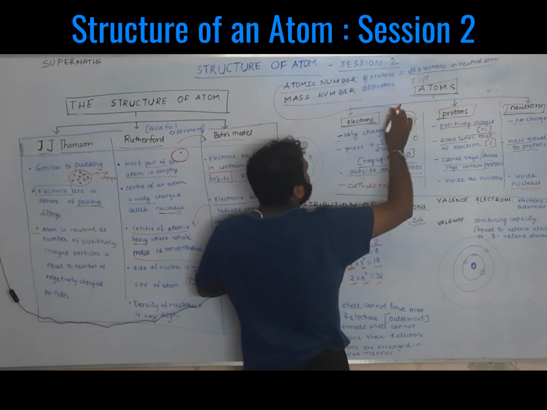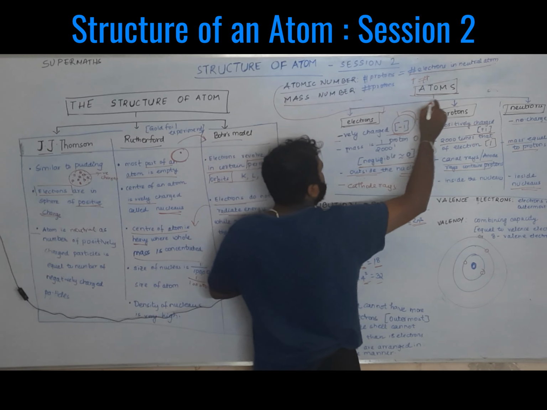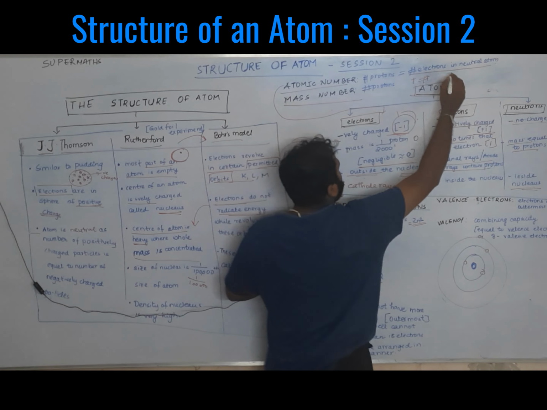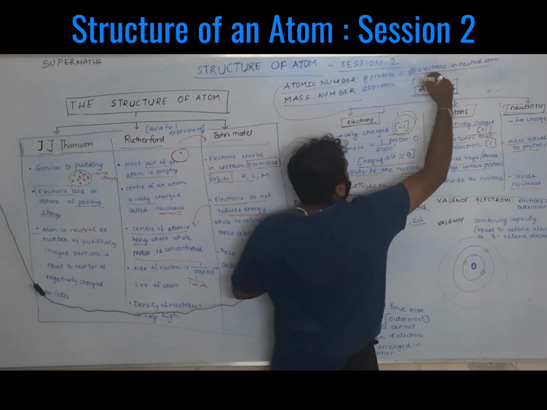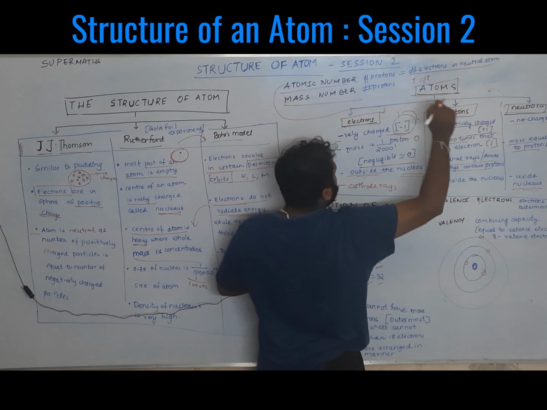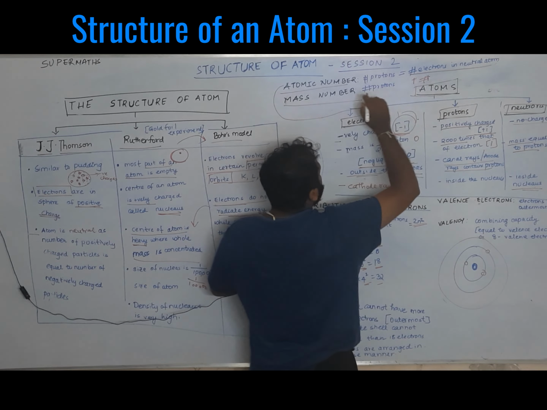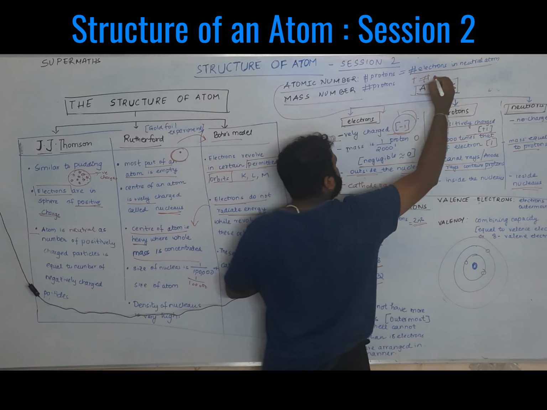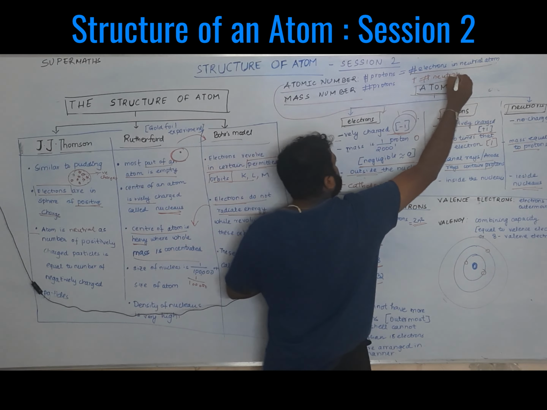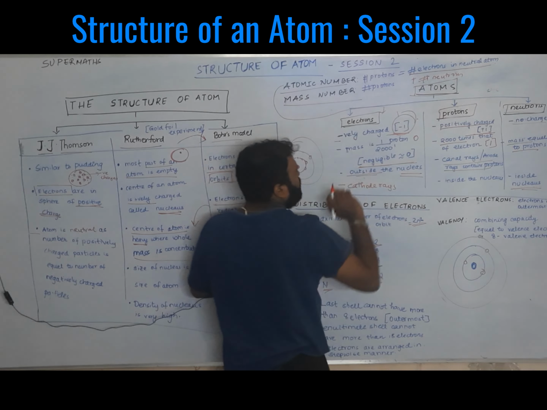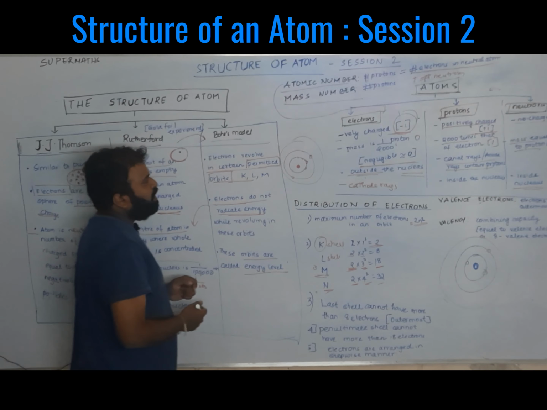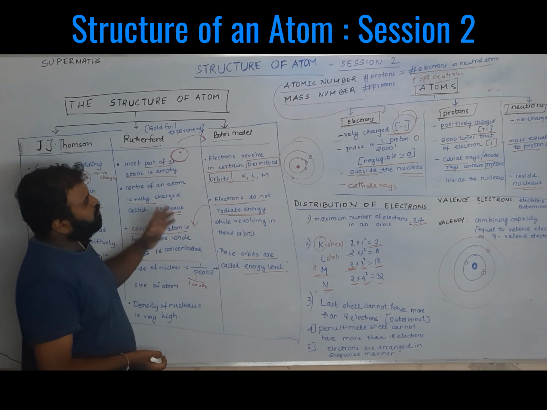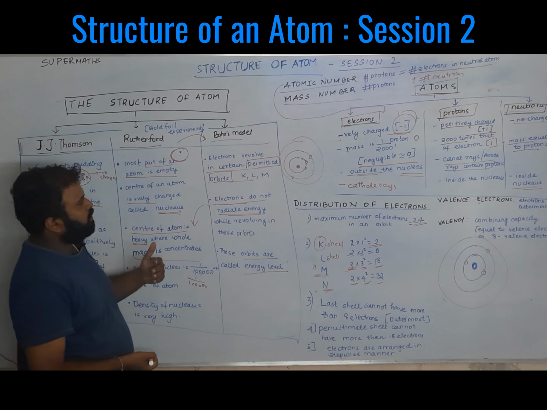It is always the number of protons in any atom, and the mass number will be the number of protons plus the number of neutrons. Because only they have masses. Electrons don't have mass, so mass number is given by the number of protons plus the number of neutrons.